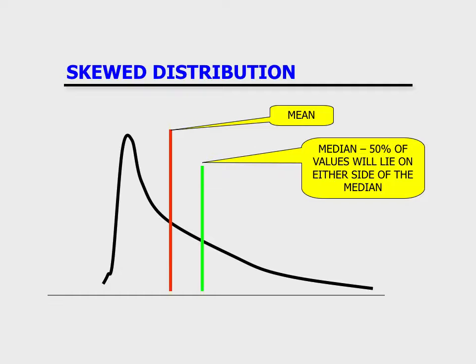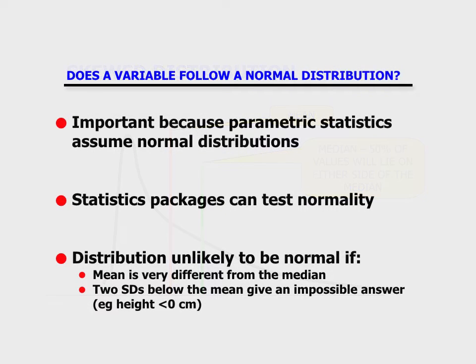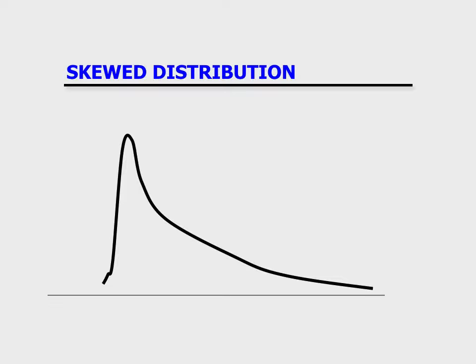Okay, so how do we determine if a variable follows a normal distribution? Well, we call this a parametric statistic. A parametric statistic is basically a statistic that's used when the variable follows a normal distribution. Statistics packages can test for normal distribution, or normality, but we know that the distribution is unlikely to be normal if, number one, the mean is different from the median, which is what we saw in this skewed distribution slide.